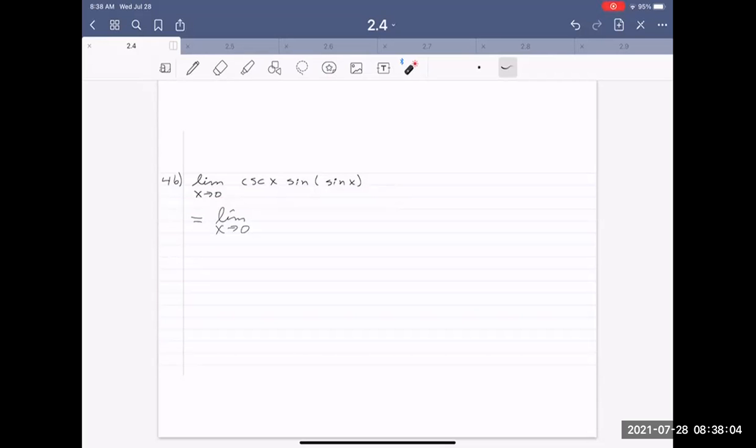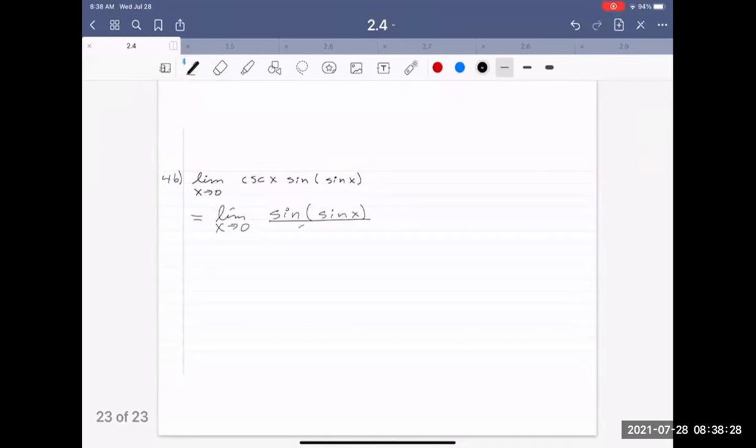So let me rewrite this as follows. Well, I have the sine of x. Let me rewrite cosecant x as 1 over sine x.